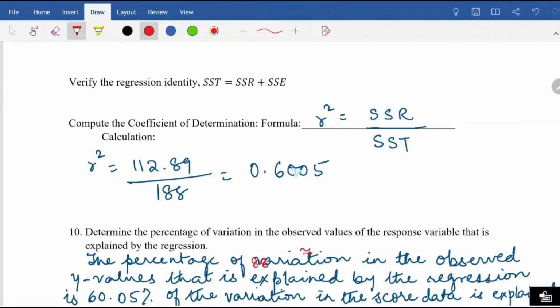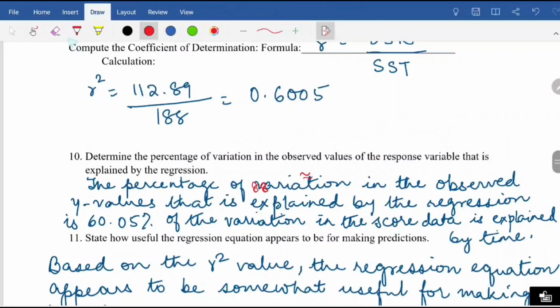So our coefficient of determination is 0.6005, but what does it mean? Let me just erase these. The question here says determine the percentage of variation in the observed values of the response variable that is explained by the regression.